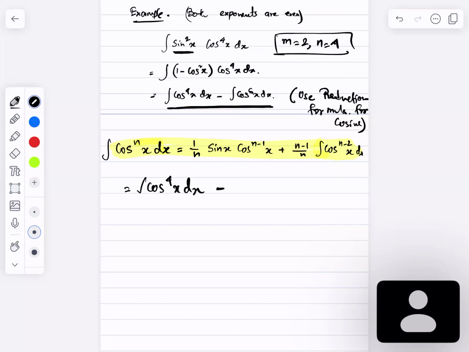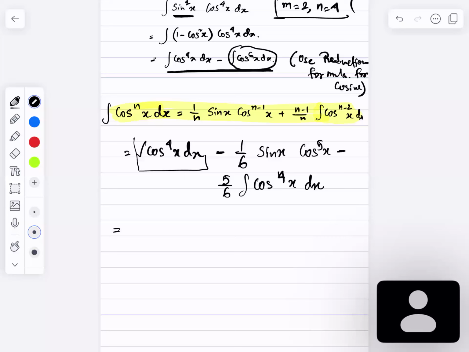So why have I not used the reduction formula right there? Because now I can see I have cosine to the 4x dx and 5 over 6 cosine to the 4x dx, so I can add these two. So minus 1 over 6 sine x cosine to the 5x remains as it is, and then I can factor the integration of cosine to the 4x dx from both of these.